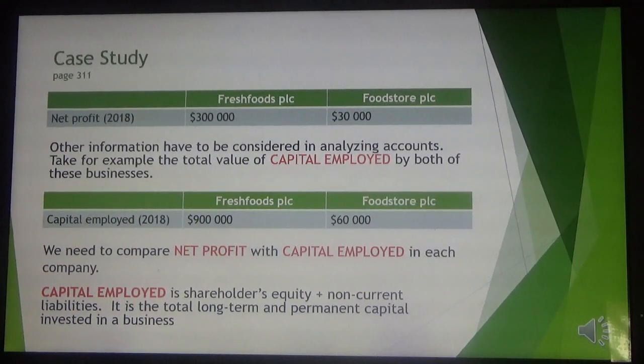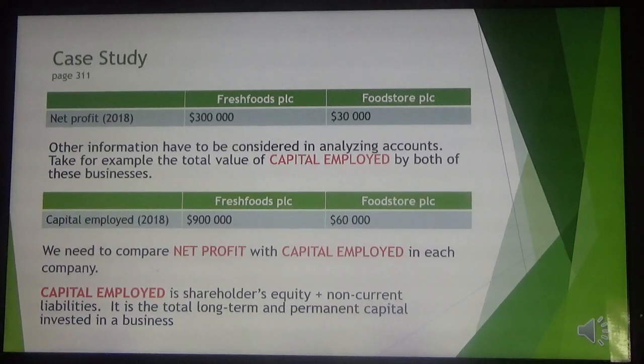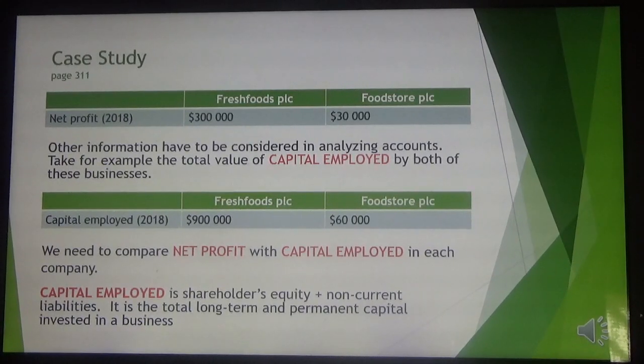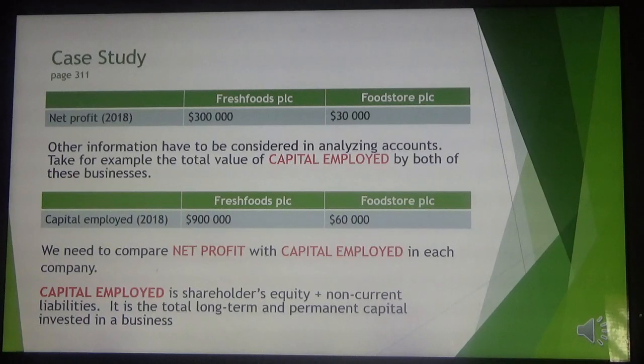Another question to consider is the management of Fresh Foods PLC 10 times more efficient than the management of Food Store PLC? Again, as we can see, probably yes, and some may say no, but we don't have enough account to make our decision valid or credible.